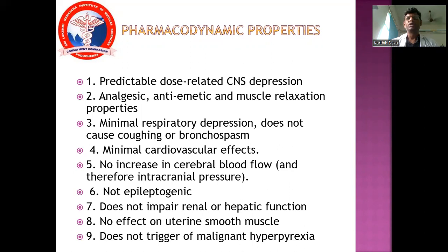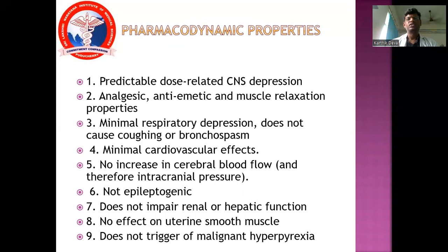The pharmacodynamic properties of the ideal inhalational agent: it should have predictable dose-related CNS depression, analgesic, anti-emetic, and muscle relaxation properties. Minimal respiratory depression, and it does not cause coughing or bronchospasm.